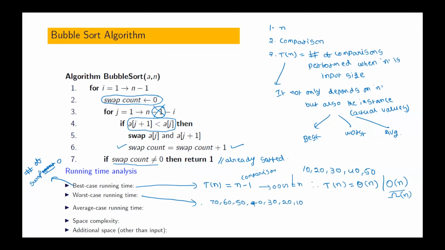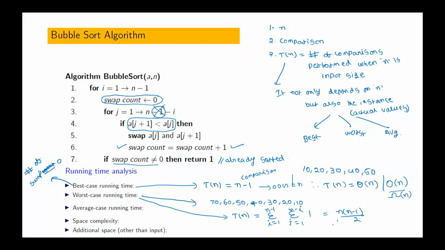So now what does that mean? In this case, what is the time? How many times is that operation performed? Like the previous case, it is performed for all values, j equal to 1 to n minus i, which is the same as n into n minus 1 by 2.